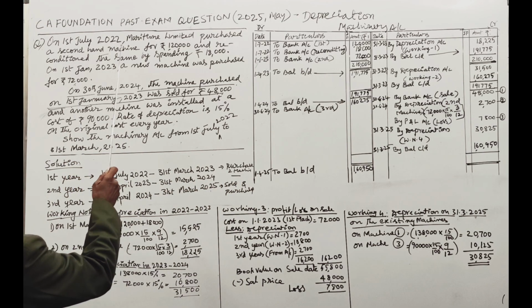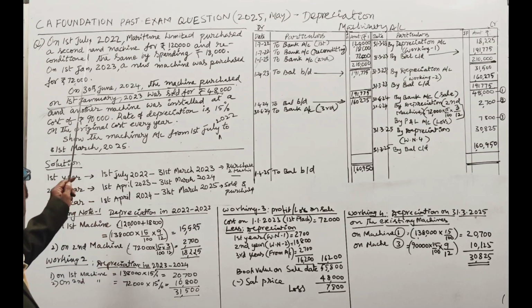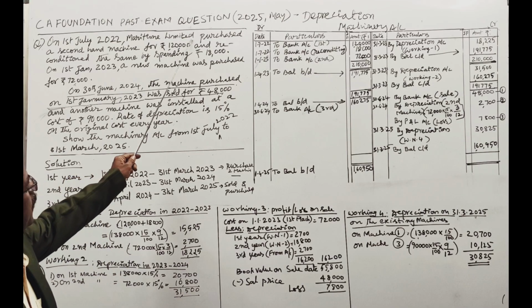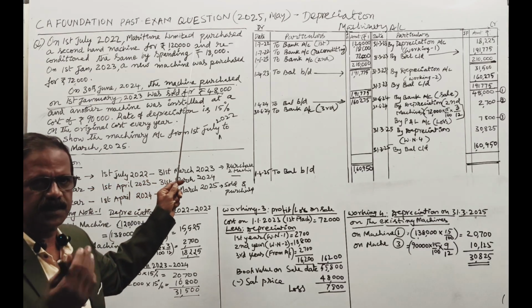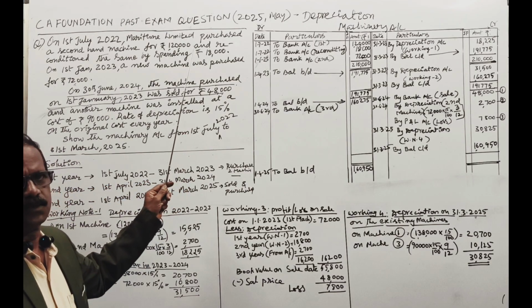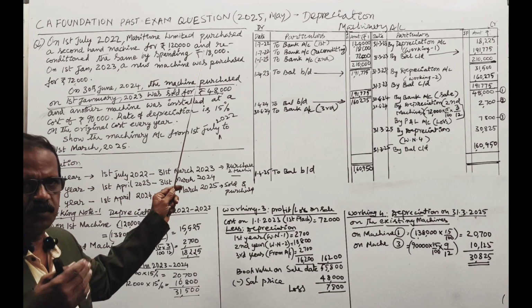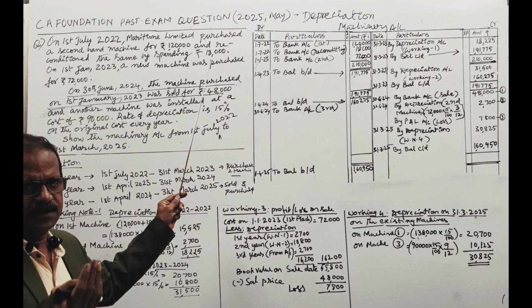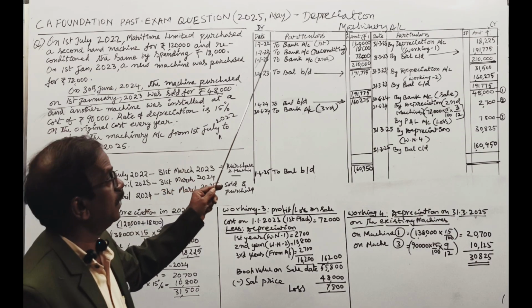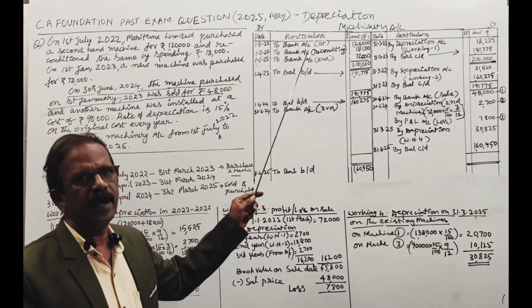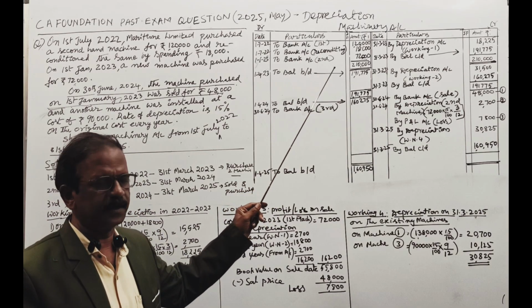On 1st July 2022, Maritime Limited purchased a second-hand machine. Machine is coming in. So, machine account debit to bank account. We are receiving the machine, we are paying cash through bank. That's why machine account debit to bank account. That is the journal entry.